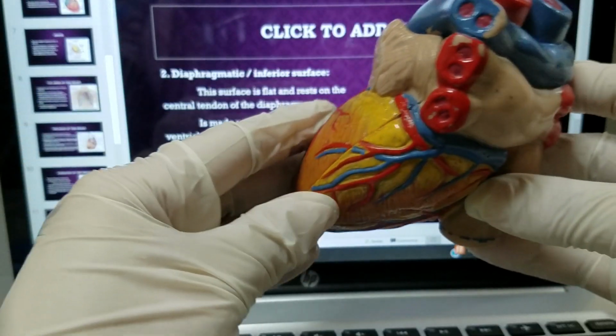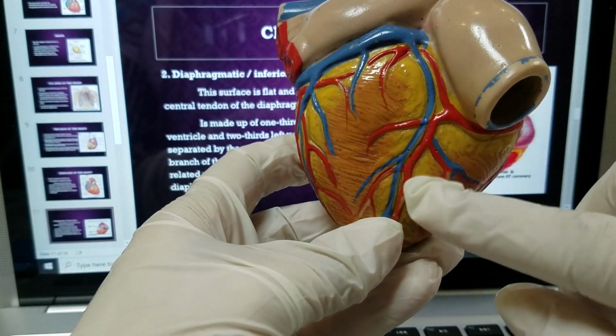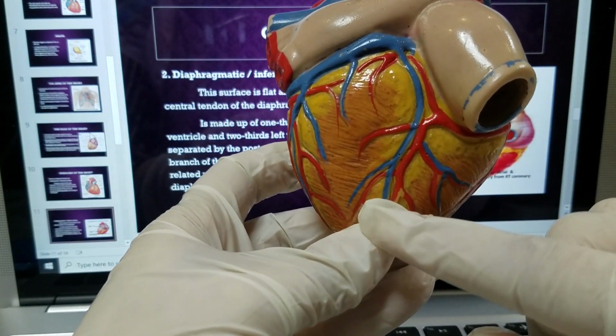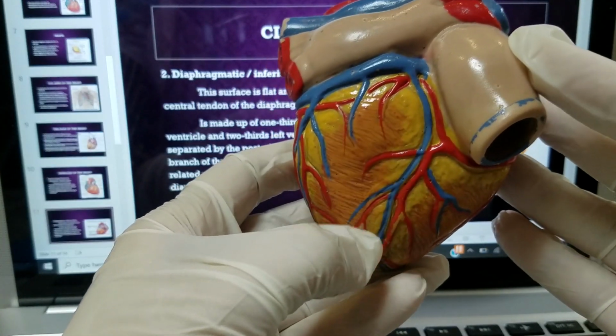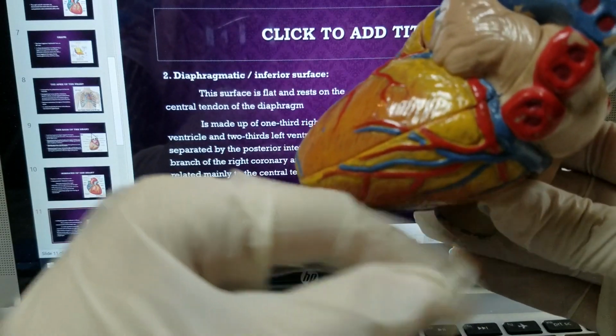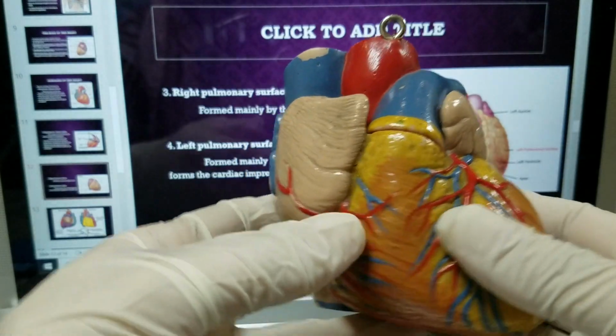Now this surface is made up of one third by the right ventricle and two thirds by the left ventricle, separated from each other by the posterior interventricular groove, where the right coronary artery runs. It rests on the central tendon of the diaphragm. The right pulmonary surface.